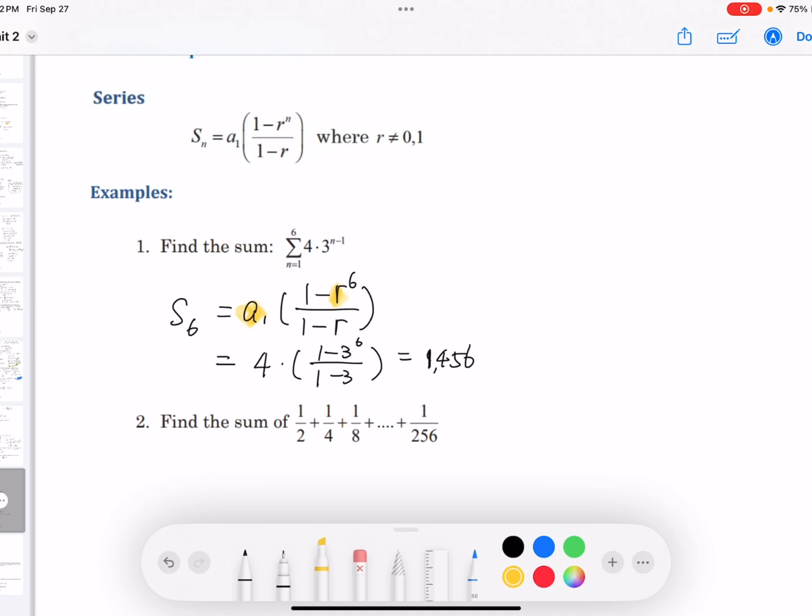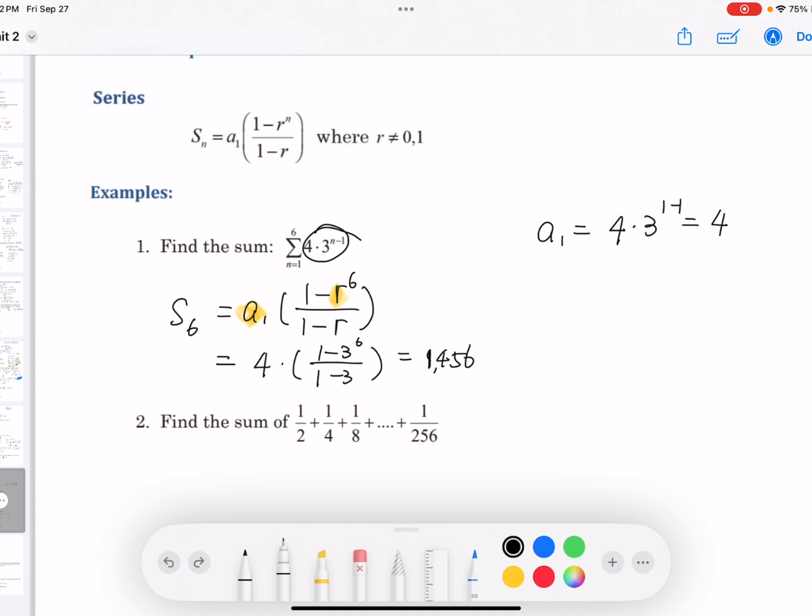So a sub 1 is equal to, n is equal to 1 in this part, which is 4 times 3 to the 1 minus 1, which is 4 times 1. It is 4.